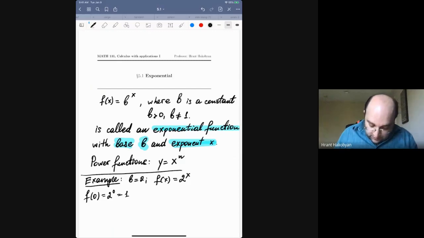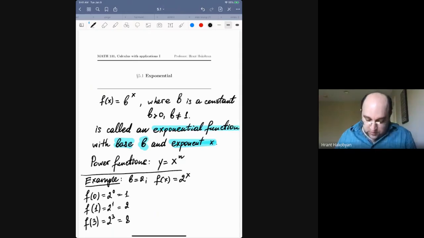Or I can take any number, positive or negative. Let's pick a positive number, 1, and I get 2 to the power 1, that's 2. If I take f(3), that's 2 to the power 3, which is 8. Or I can take a negative number, f(-1), that would be 2 to the power negative 1, which is 1 half, or 0.5.